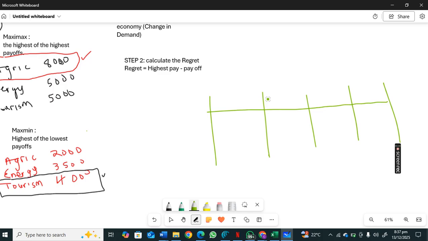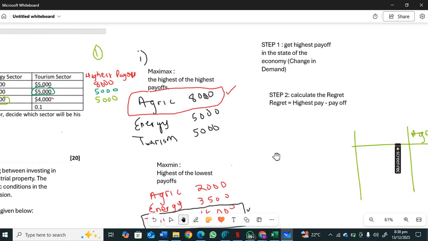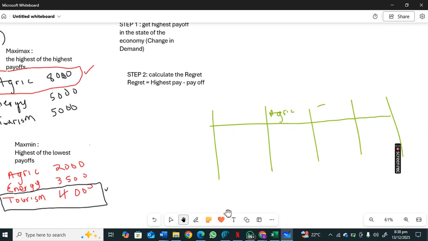So here we have agric, tourism or energy, then tourism.